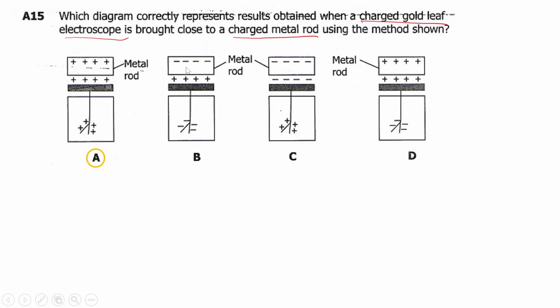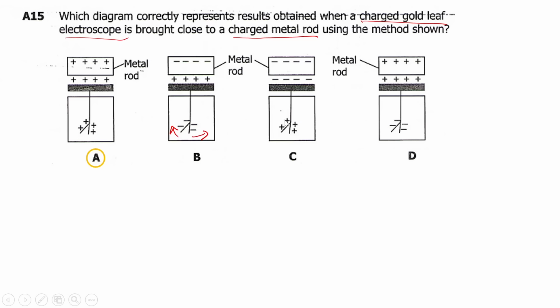So in this case, they mean that when they brought a metal rod which was charged negatively, all the electrons were repelled this side and then positive charges remained this side, which represents a situation if the gold leaf was not charged. But if the gold leaf is charged with negative, when you bring another negative metal rod here, what happens is divergence. They will just diverge to indicate that whatever you are bringing there has the same charge as the charge on the gold leaf.